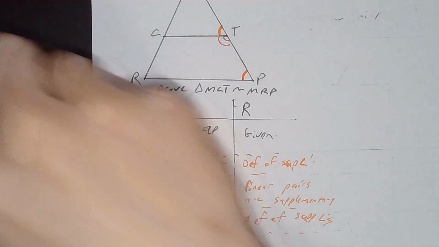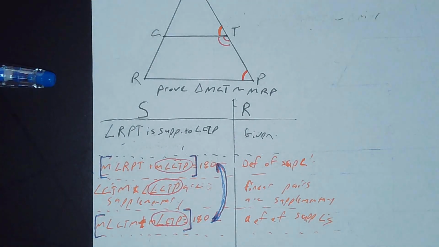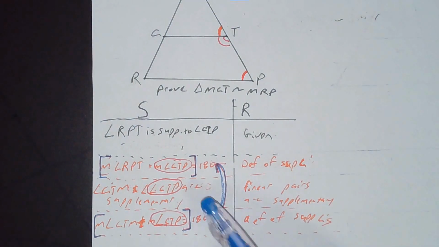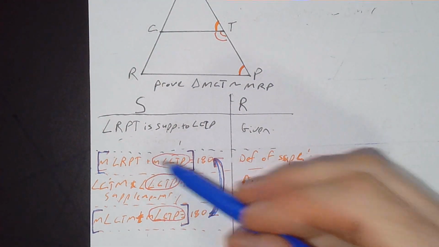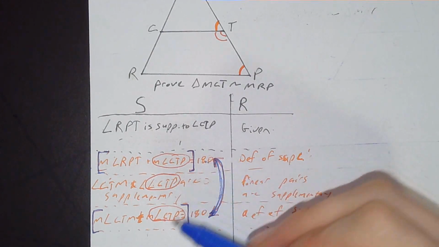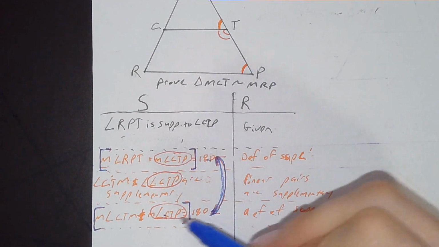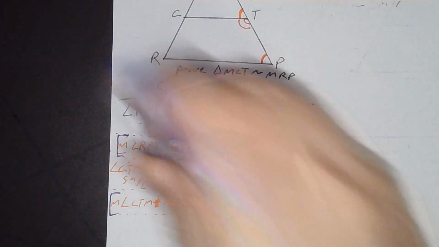So then what I'm going to do is get rid of that 180 and set them both equal to each other. A equals B, B equals C. That is the transitive property of equality, right? So I'll write that in blue.